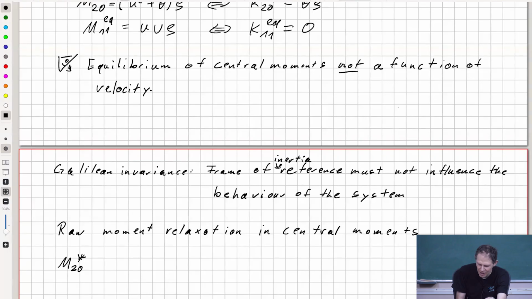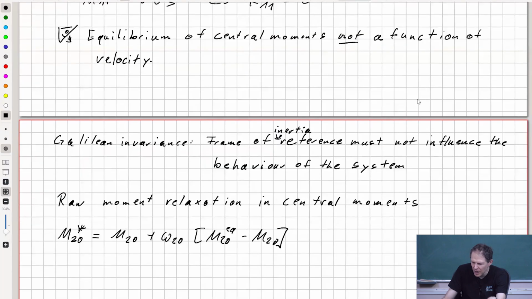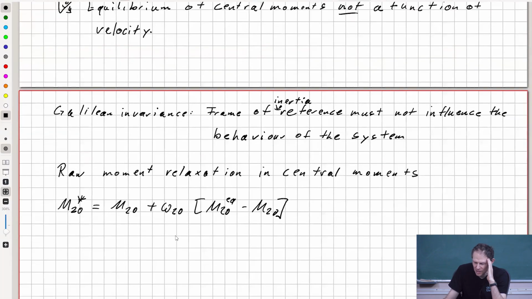Because they appear in the Navier-Stokes equation. So we have m20 after collision is m20 plus omega20 times (m20 equilibrium minus m20). Okay, so this is what we may do in MRT. Of course, to be more precise, in MRT, we will split this thing up. But let's assume we would not split it up into its isotropic and non-isotropic part.